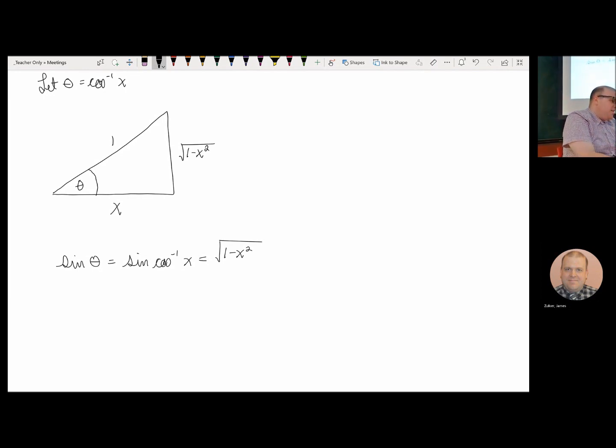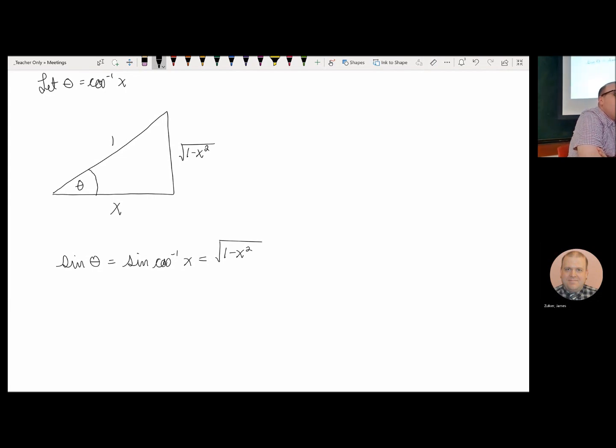I'm going to give you a piece of advice. You can always simplify trig of an inverse trig or inverse trig of a trig, no matter what, even if that simplification is that it's undefined.